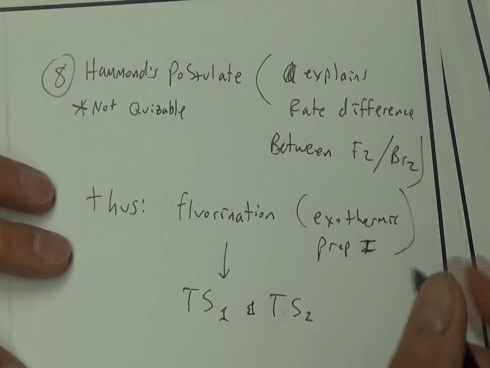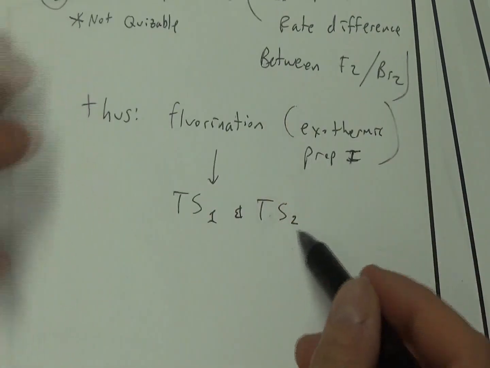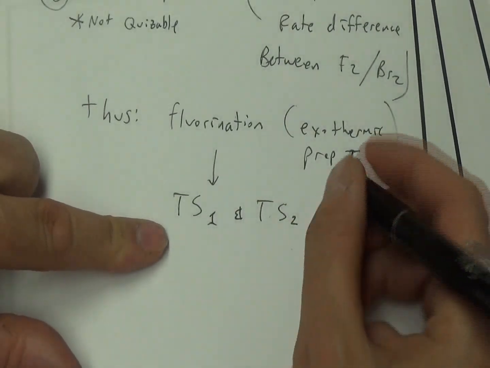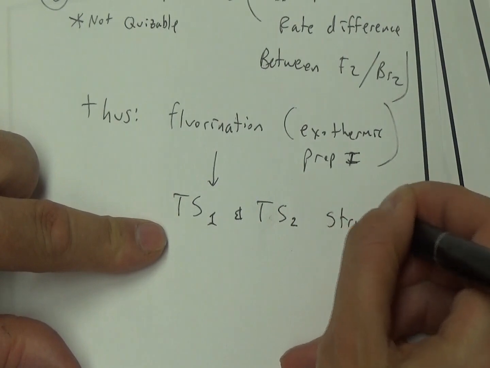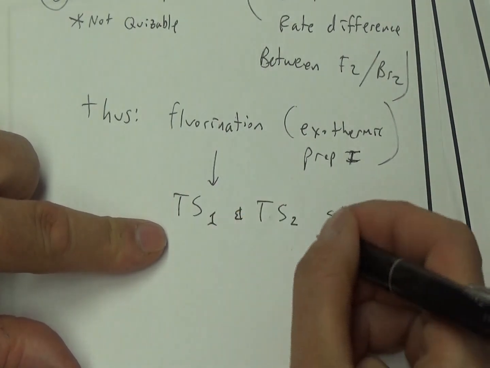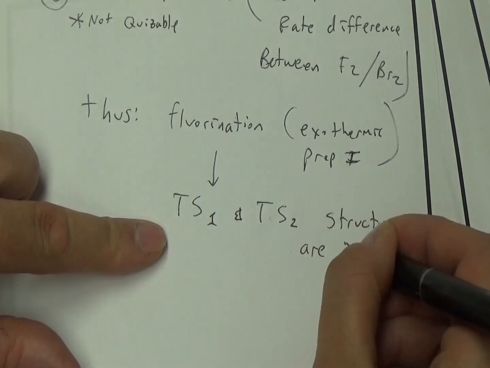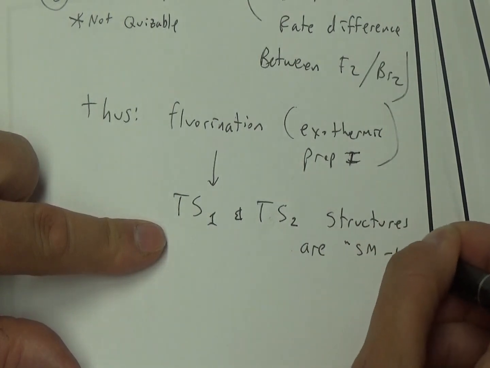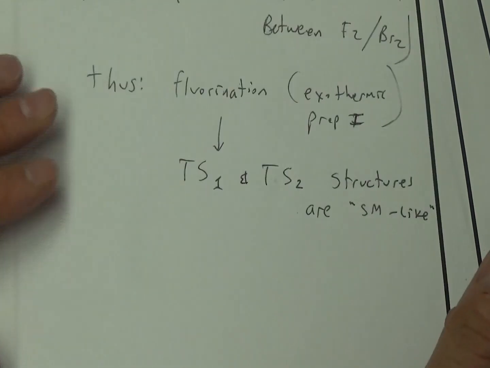The structures of the transition states, as we just saw, are what we call starting material like, SM like. They resemble the starting material, okay?